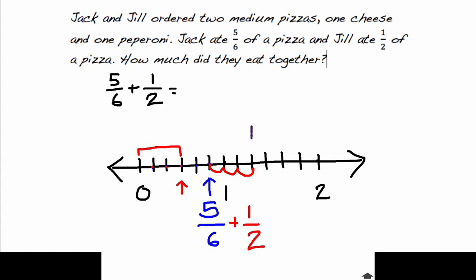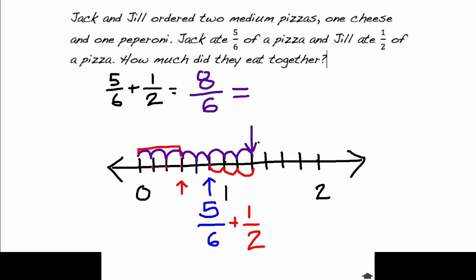Well, I know I ended right here at this point when I added 5/6 to 1/2. I'm going to go ahead and count those pieces. 1, 2, 3, 4, 5, 6, 7, 8 pieces. That will be my numerator. And because each whole unit is broken into 6 pieces, 6 will stay as my denominator.